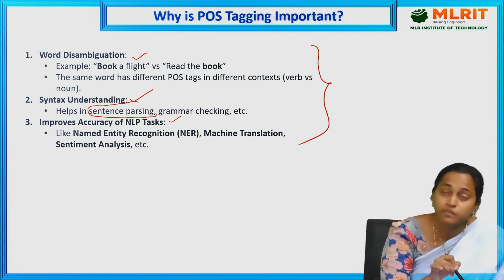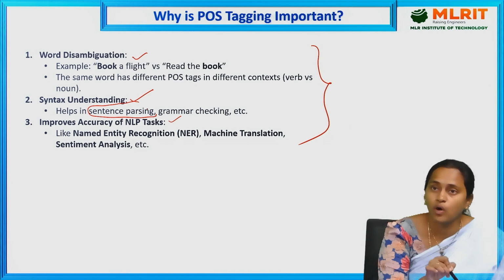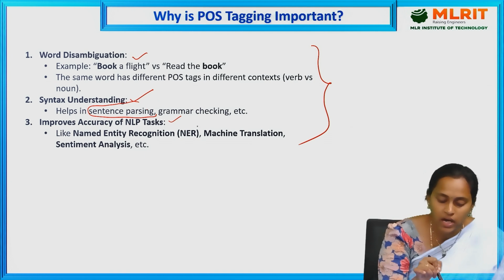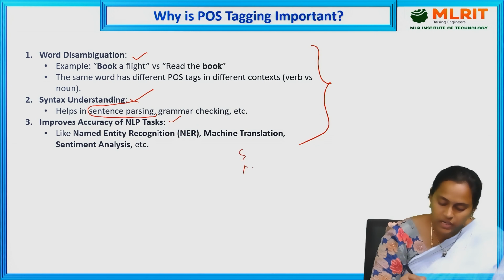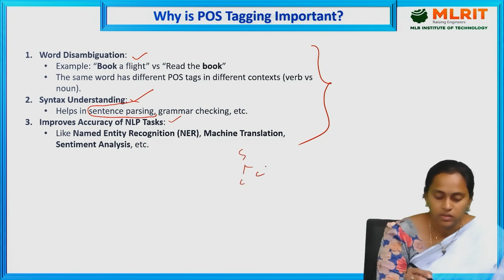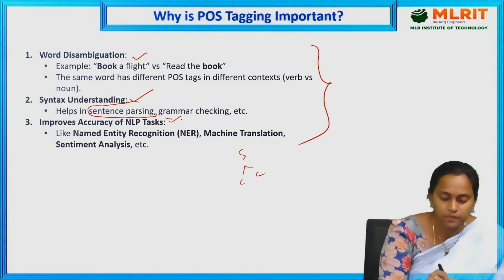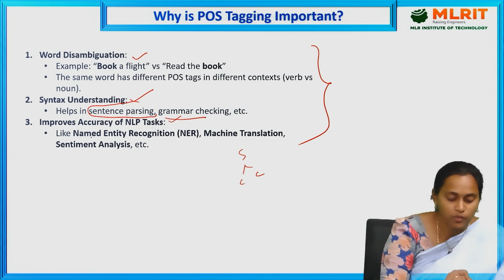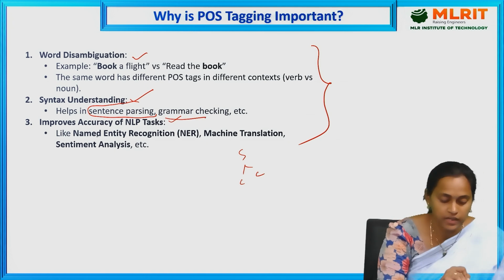We follow syntactic rules, grammatical rules, to form a structure from sentence to child nodes. For grammar checking it also helps and improves the accuracy.